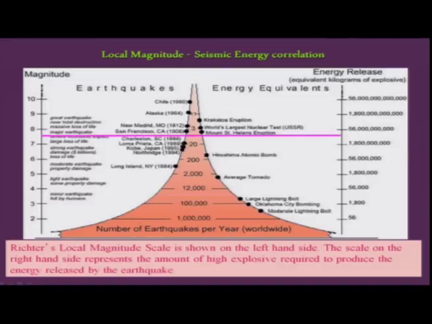The Alaskan was the second largest at around 9.1 or so, but if we believe that the 2004 Andaman Sumatra earthquake was 9.3, then it becomes the second largest here. So, this was the 2001 Bhuj earthquake.